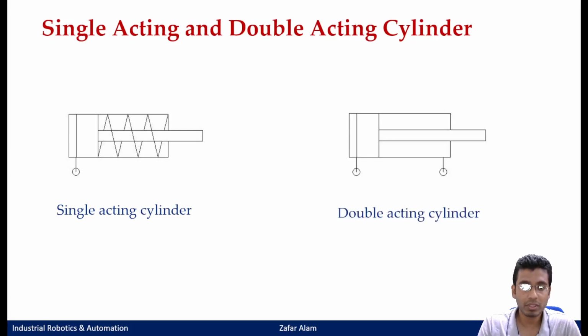And to the right of your screen you can see a symbolic representation of a double acting cylinder. So why is it called double acting cylinder? Again, because there are two ports, and both the ports act as a pressurized port as well as a drain port.